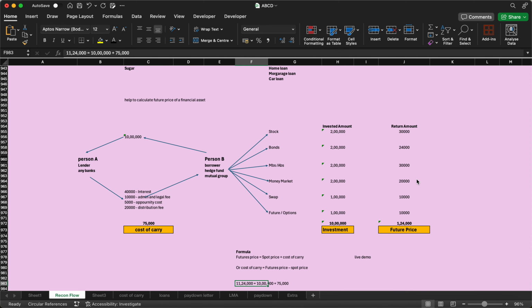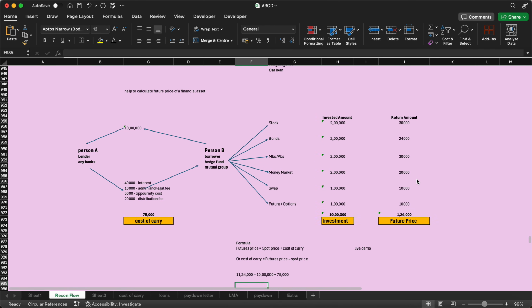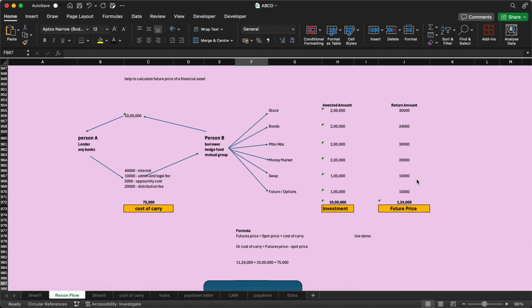So 49,000 is the profit. This term is important when you are doing investment: whatever they are getting above the cost of carry is called profit. So this is how the cost of carry gets calculated.